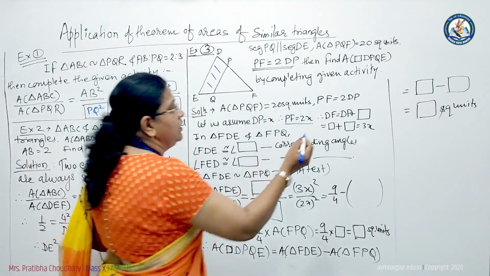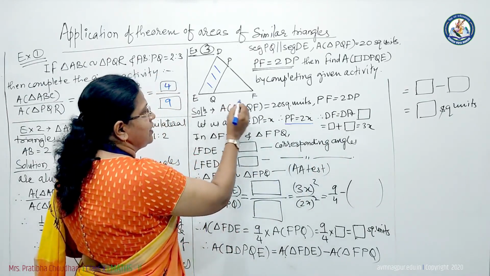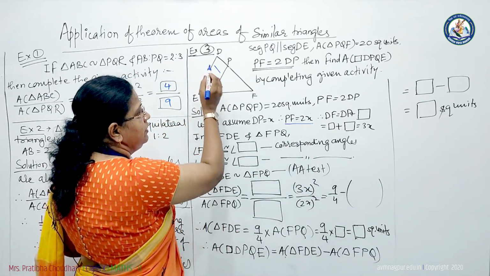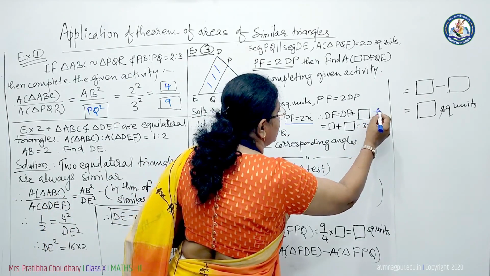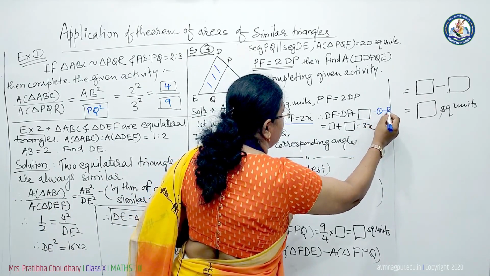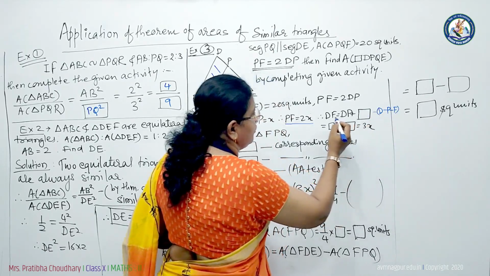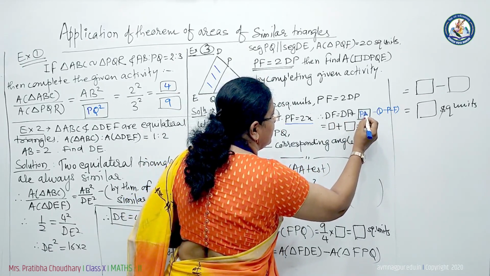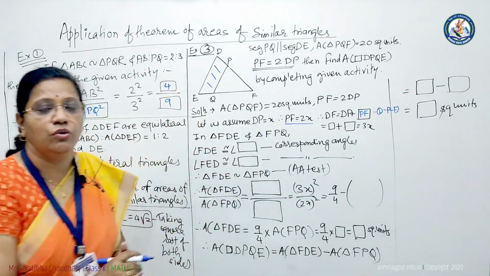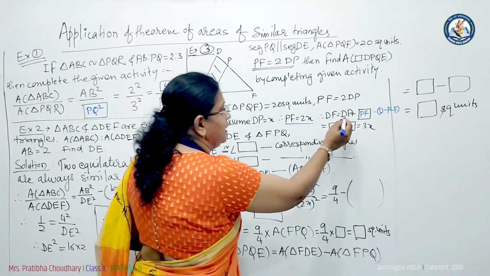Okay. Now if we see this diagram clearly, this is given D, P, F. They are collinear. यहाँ आप reason लिख सकते हो D-P-F. So what will DF be? DP plus PF. Now what is DP?